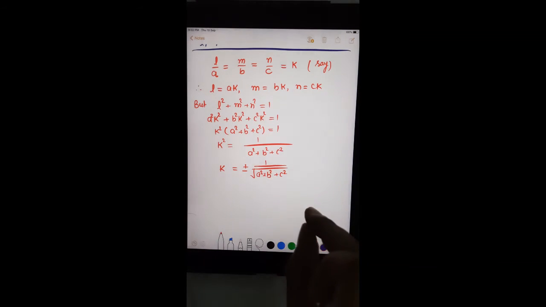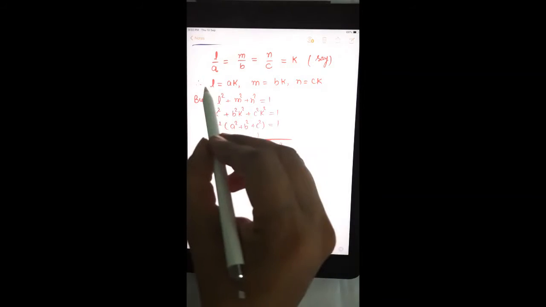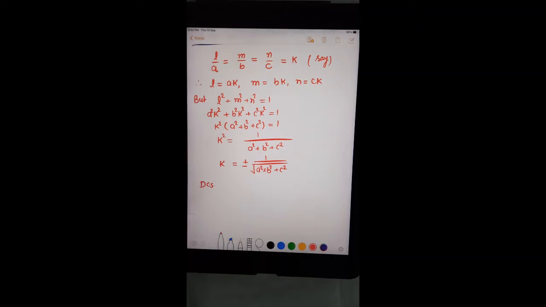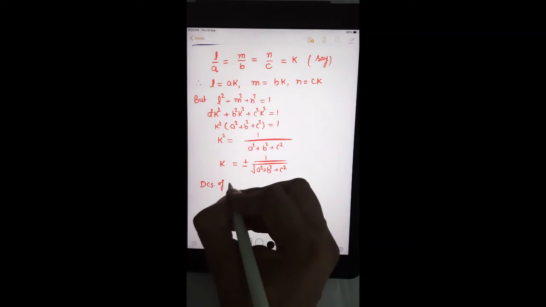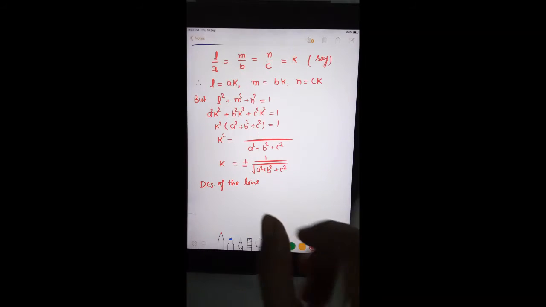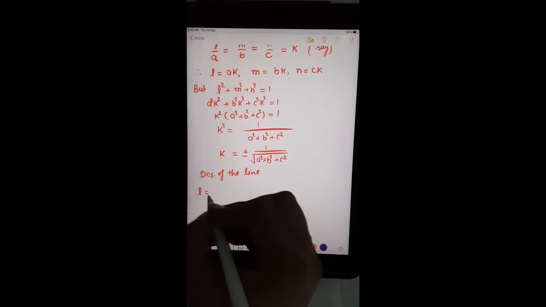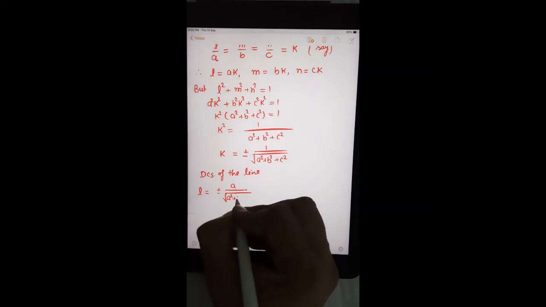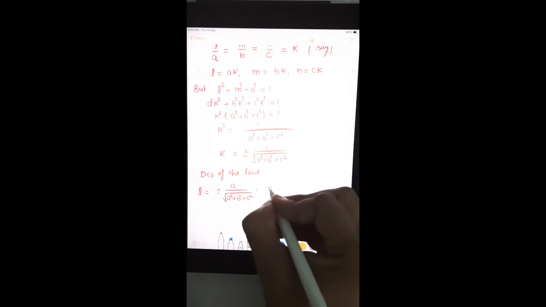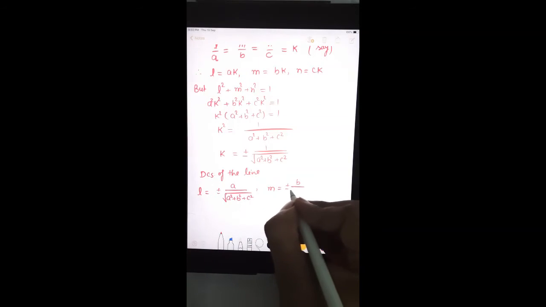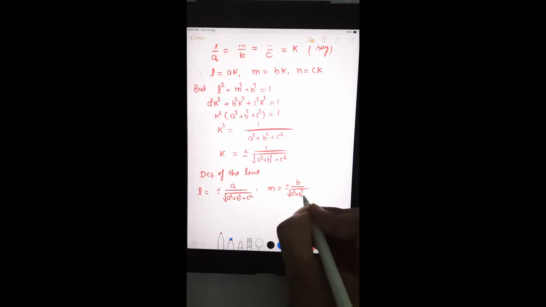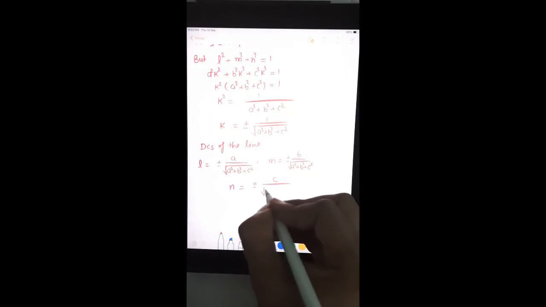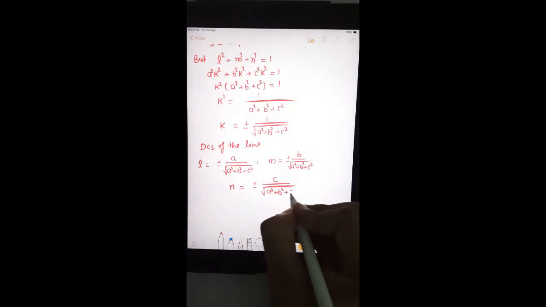This is the value of K. So with the help of this K, we can find the direction cosines. We can write the direction cosines, or DCs, of the line: L is equal to plus minus A upon under root A square plus B square plus C square, M is equal to plus minus B upon under root A square plus B square plus C square, and N is equal to plus minus C upon under root A square plus B square plus C square.